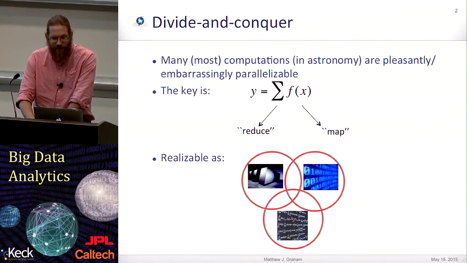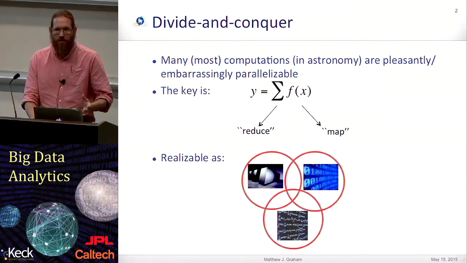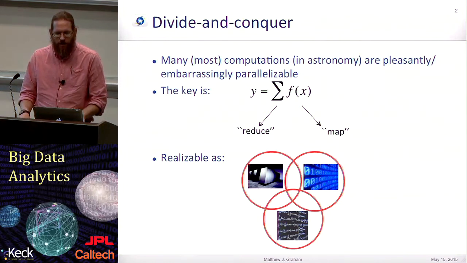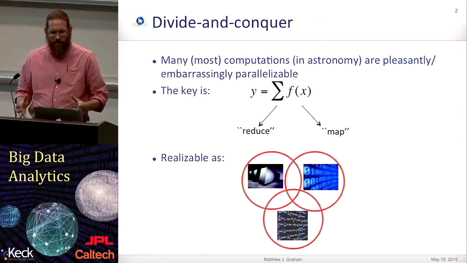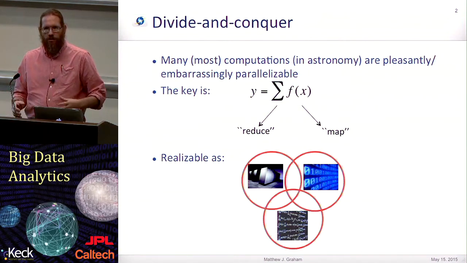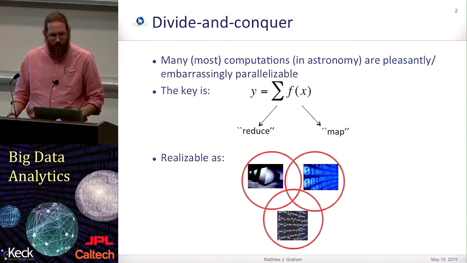The idea here is that what you want to do to one single pixel or light curve or data item, you want to do to many, and so you can divide the task over as many computational resources as you have available to you.